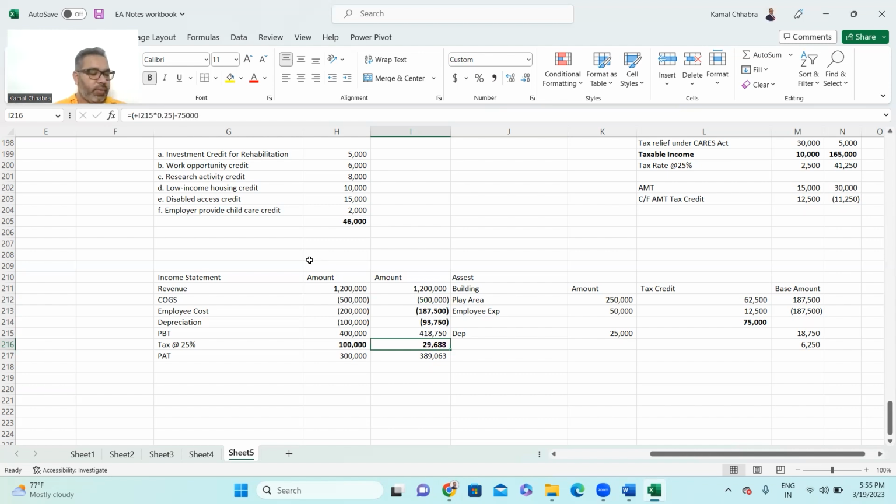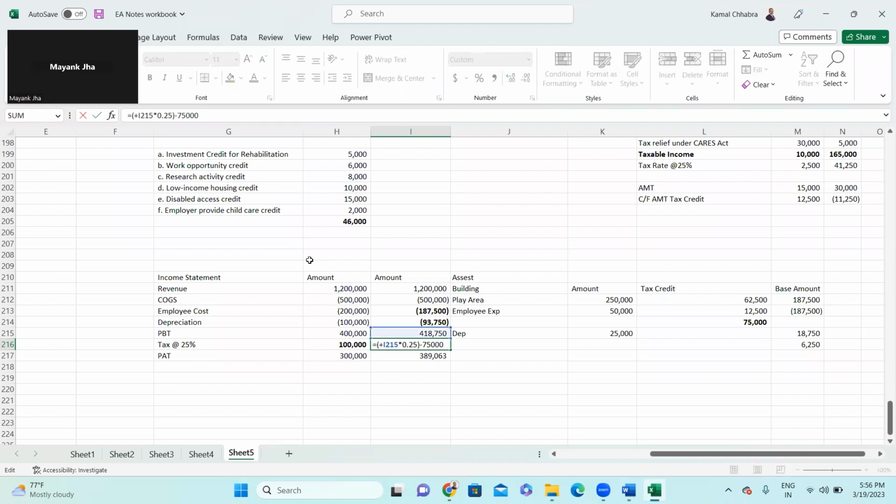How much amount have we reduced from taxes? $75,000. So that's what the tax credit is. So by the tax credit, you'll be reducing the tax liability.